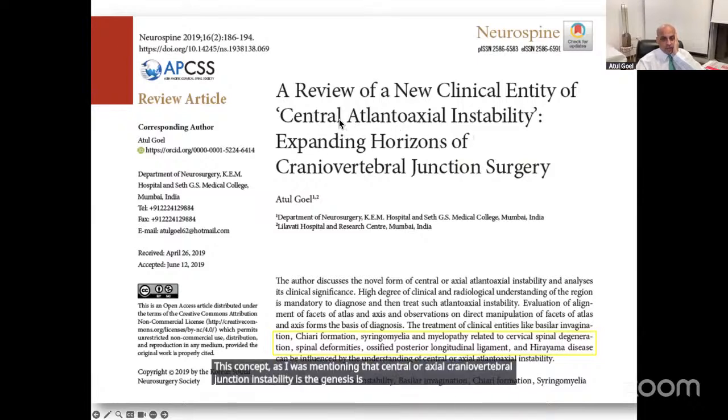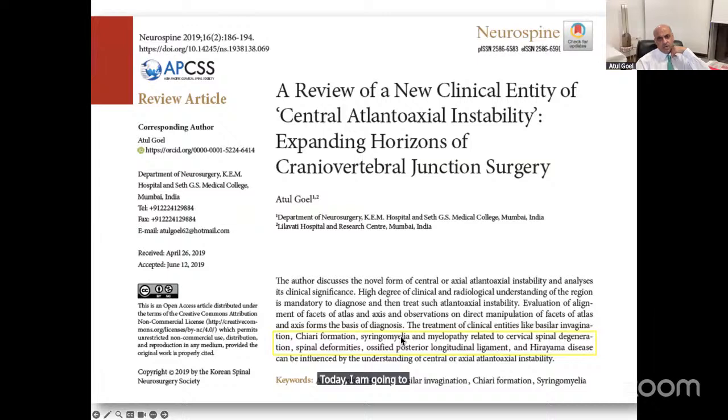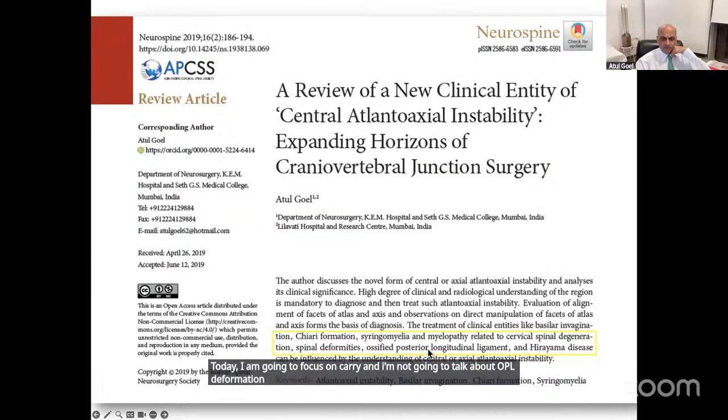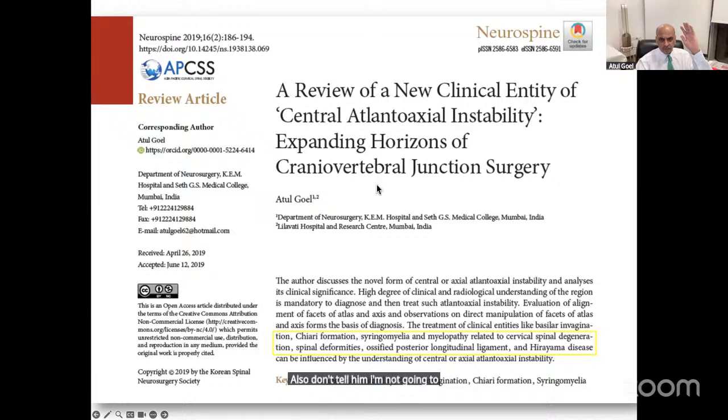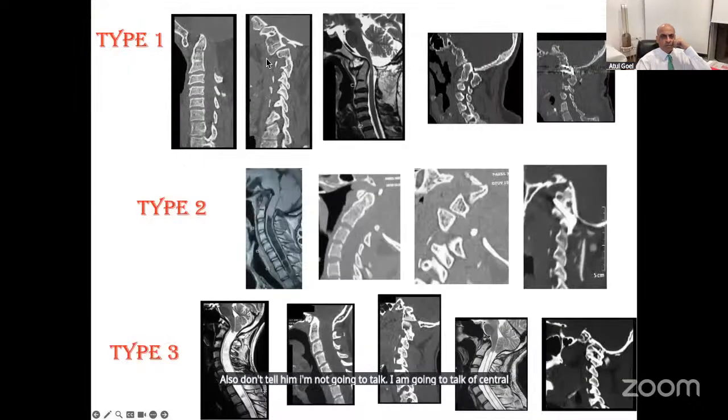This is chronic, and this forms the genesis of Chiari, syringomyelia, and several other problems. Today, I am going to focus on Chiari and syringomyelia. I am not going to talk about OPLL, deformation, spinal fixation, bifid, and all those things. Also, odontoid, I'm not going to talk. I'm going to talk of central instability and Chiari and syringomyelia.